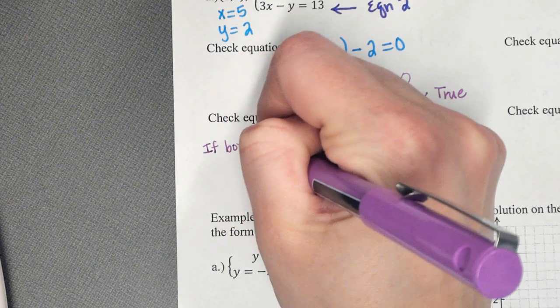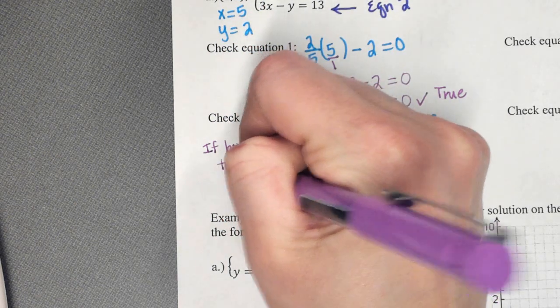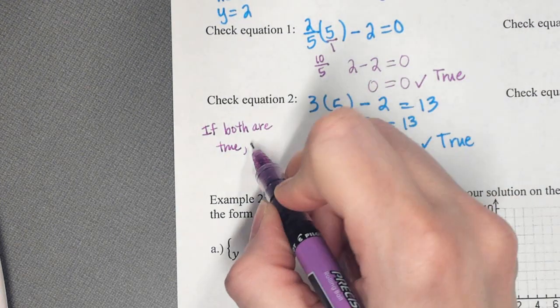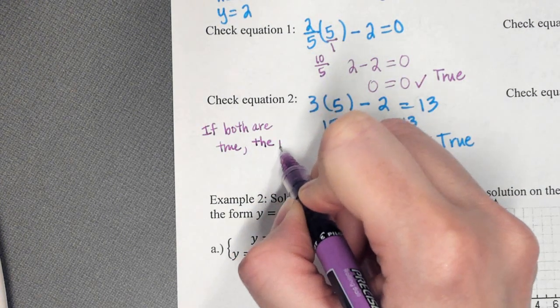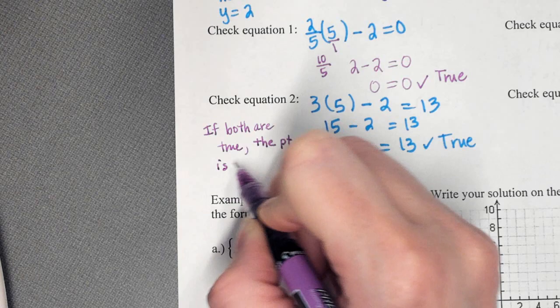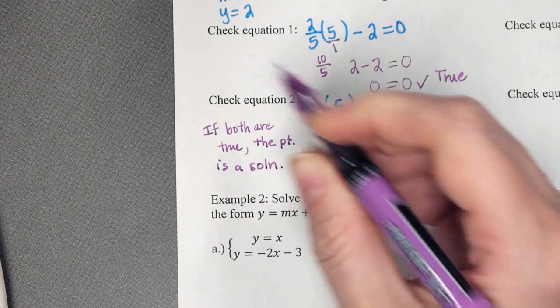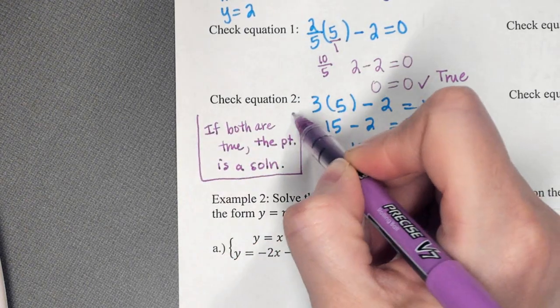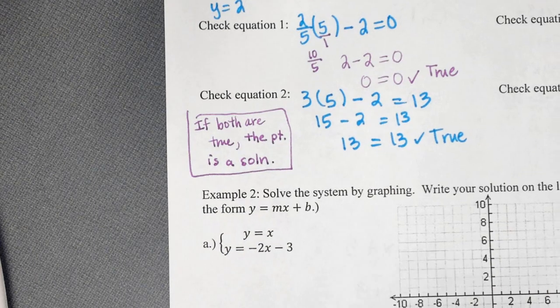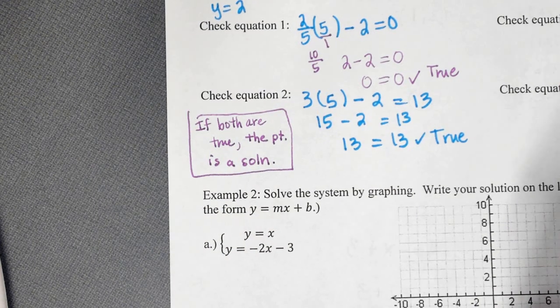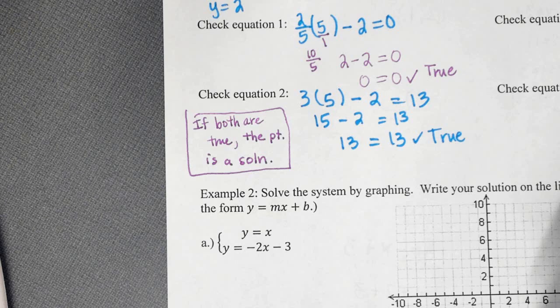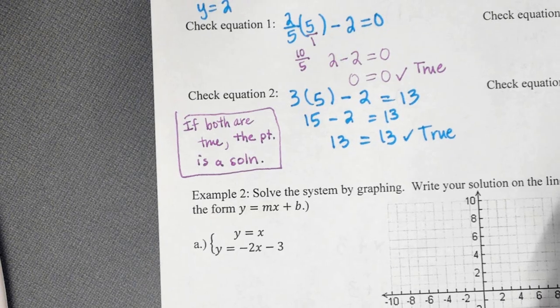If both are true, the point is a solution. Okay, so this is one of our rules because you're going to do some of this on your own. Okay, so if both are true, the point is a solution.